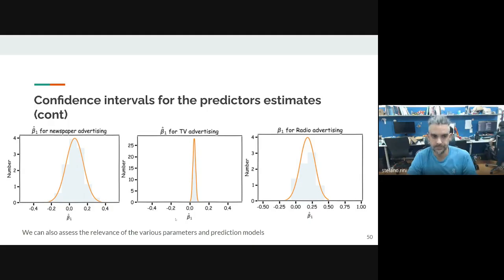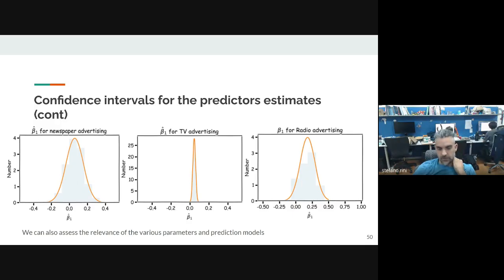Very good. So let's say that we repeat this for our B0 and for our B1, B2, B3, which correspond to the newspaper, TV, and radio advertisement. And we see that we have these 3 different fittings of the parameters of the model over the multiple random selections of the dataset points over which to fit. And then you will see that, for example, here the variance is very, very small.